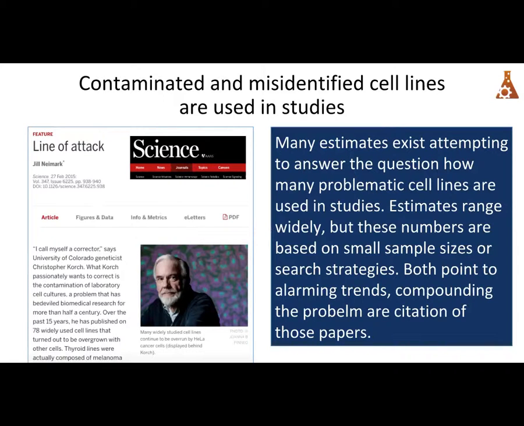Christopher Korch here, pictured in his 2015 Science article, is really one of the key persons who is fighting against this, trying to both raise awareness and also has been trying to estimate how many papers are actually affected by cell line problems.